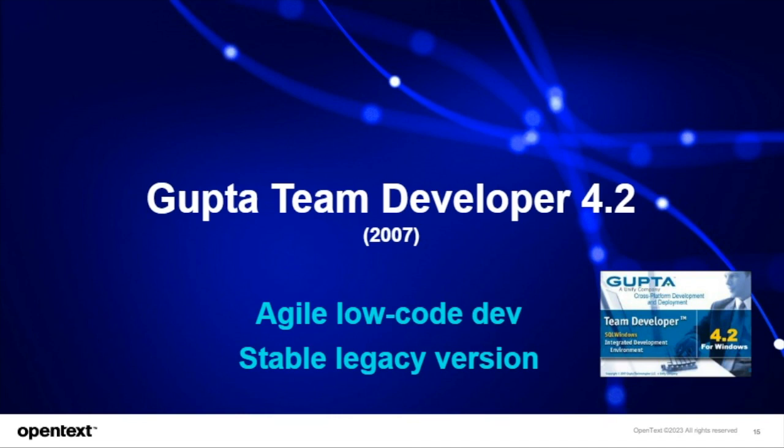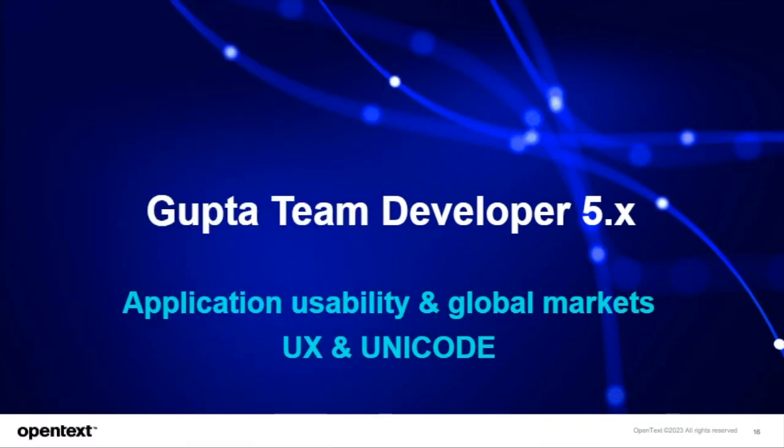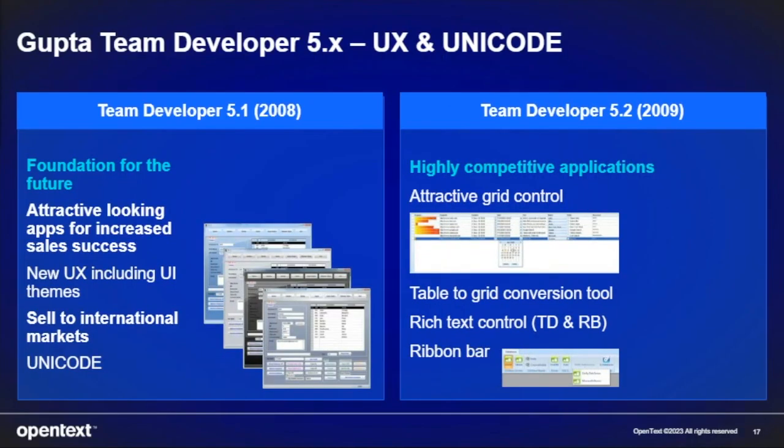But what this presentation today is really about is what came after 4.2. And let's move into the 5 series of Team Developer, which addressed application usability and global markets. So with Team Developer 5.1 in 2008, we basically set the foundation for the future of Team Developer.